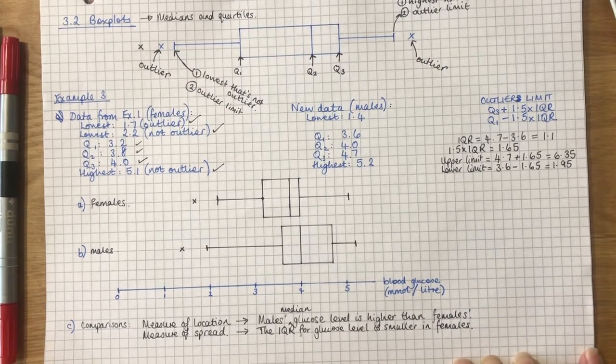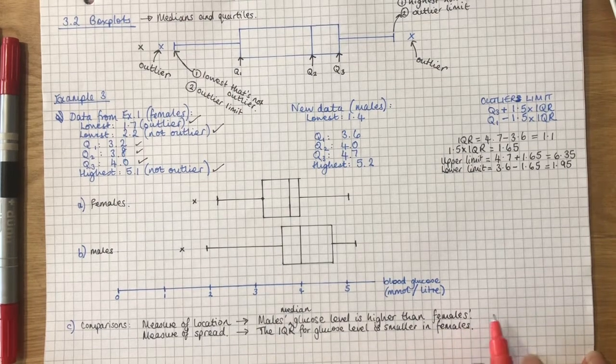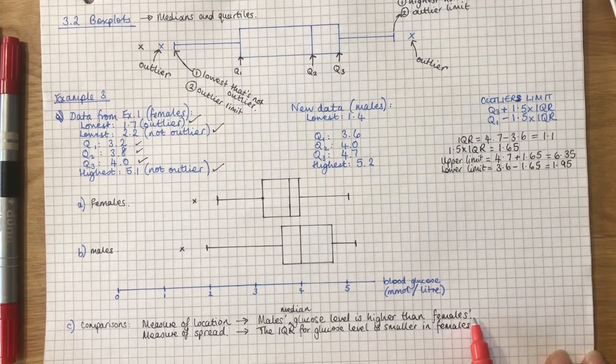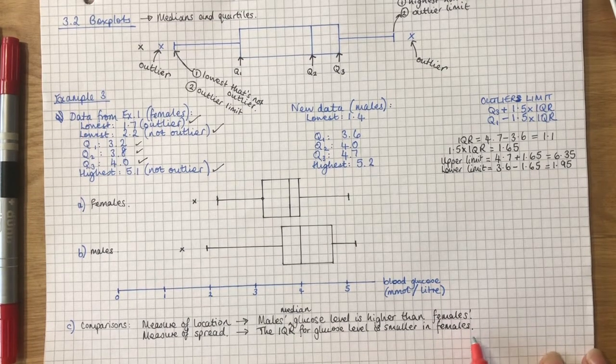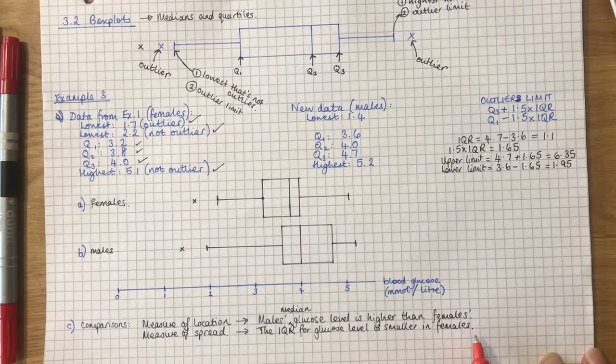Now let's put this in a little more context. What that means is we're suggesting that on average, the females have a lower blood glucose level, but also that the measurements of their glucose level are more consistent, and that's what this smaller spread, this smaller interquartile range, tells us.